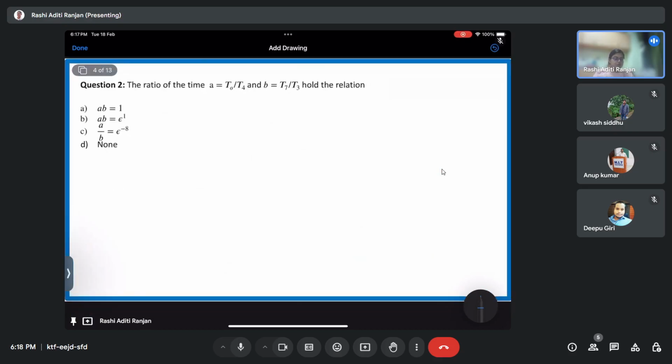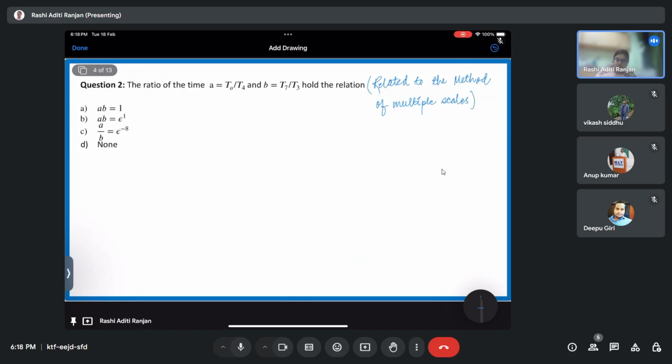Okay, so the ratio of time, this and this, all that is also okay. So firstly, this question is related to the method of multiple scales.